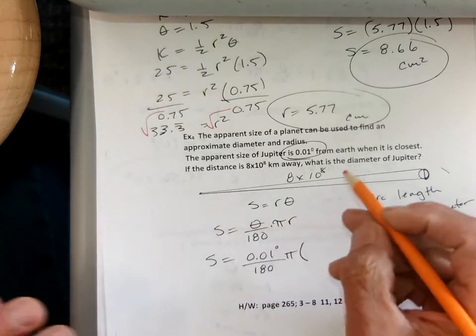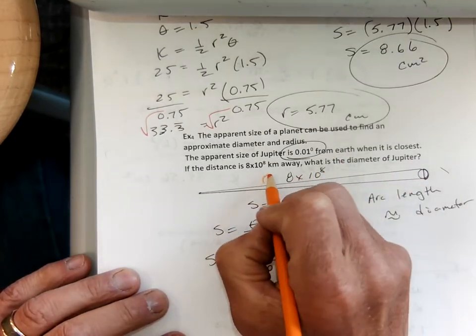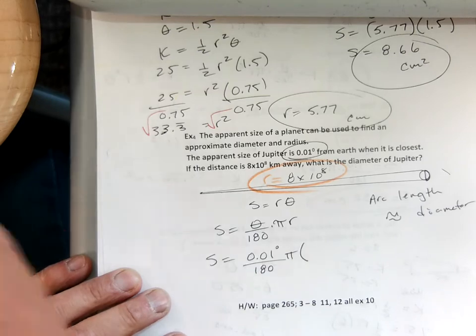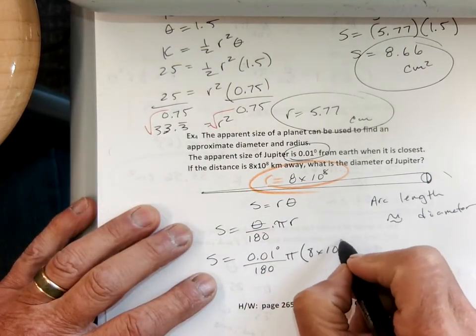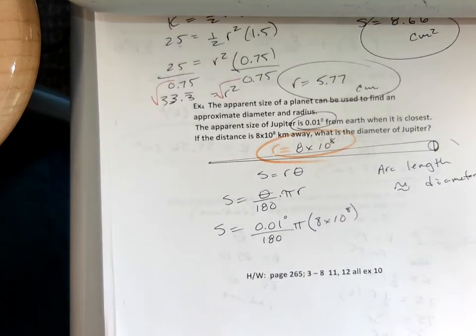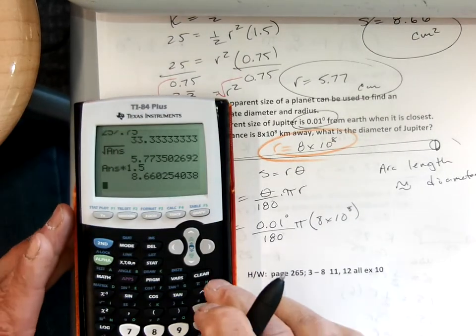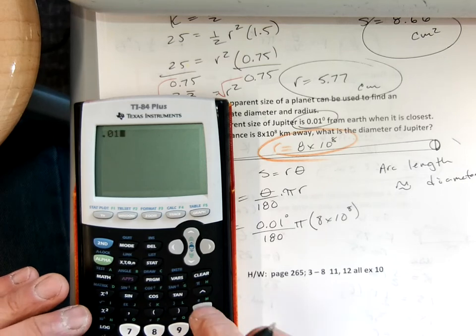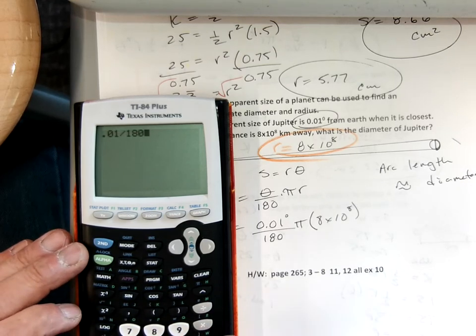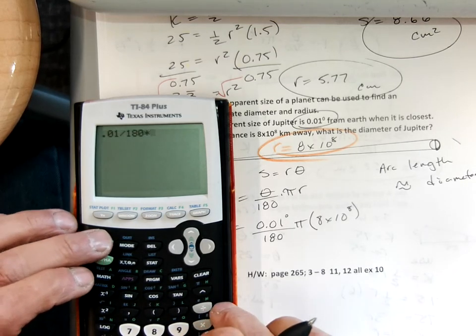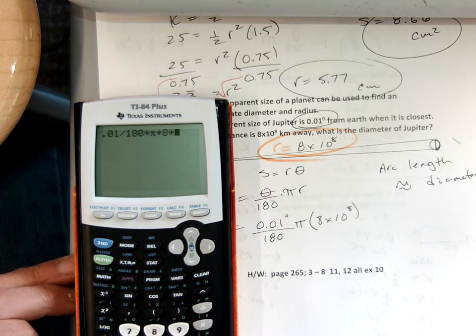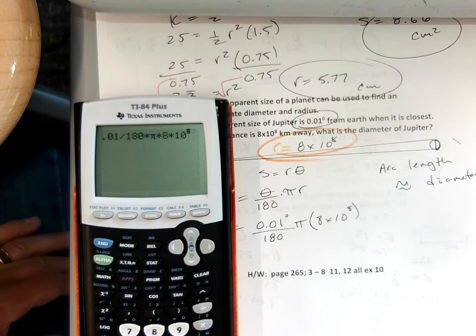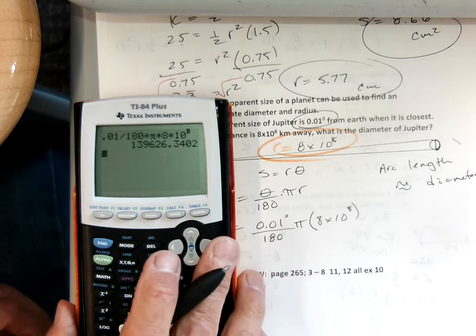So I'm going to put in my 8 times 10 to the 8th power, and I'm just going to use my calculator to get the answer. Clear. I'm going to go 0.01 divided by 180 times pi times 8 times 10 to the 8th power. And here's what we have.